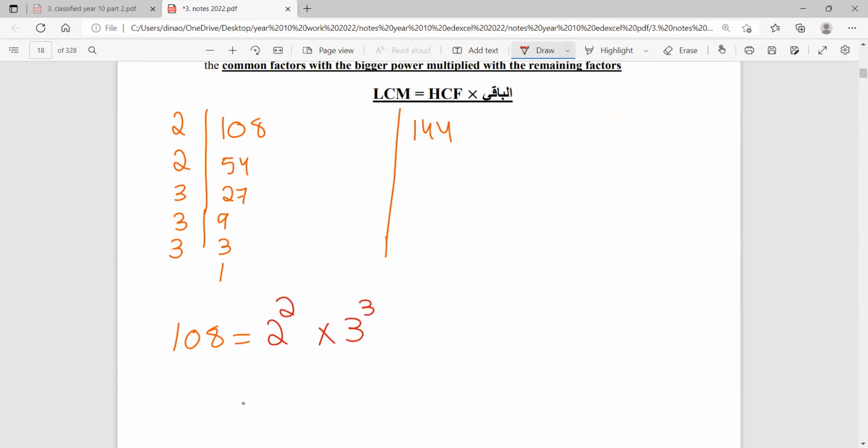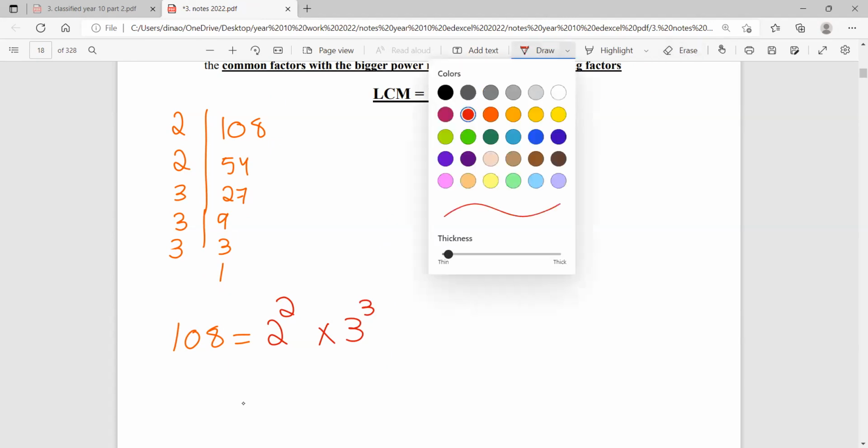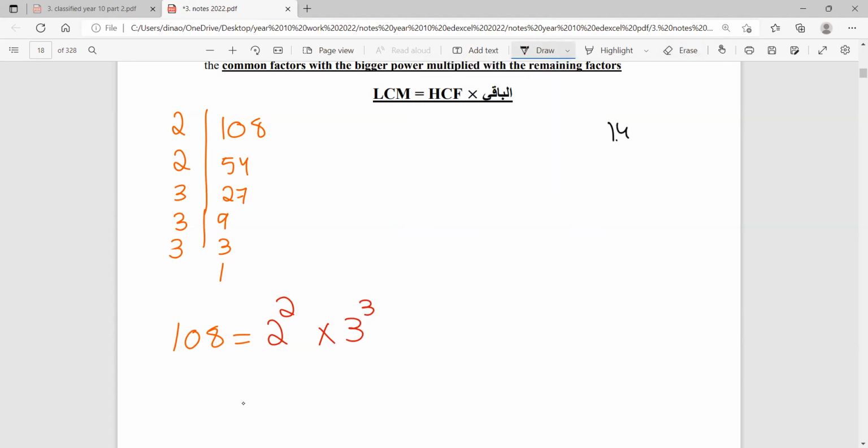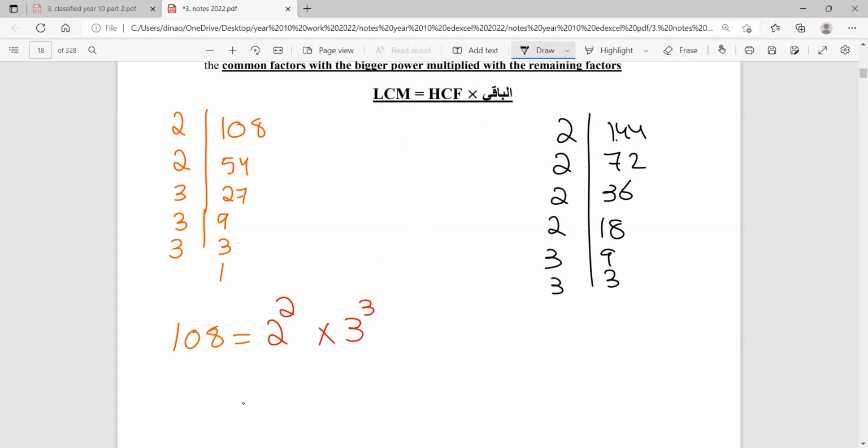Now let's do the same thing for the 144. I'm going to prime factorize the 144 as well. Divide by 2, 72. 144 divided by 2 is 72. Divide by 2 again, 36. Divide by 2, 18. Divide by 2, 9, 3, 3, 3, 1.